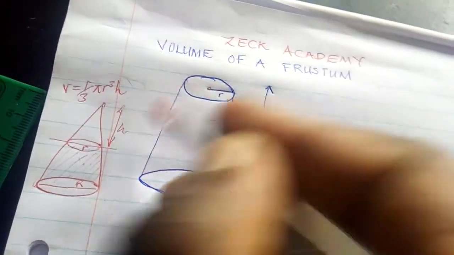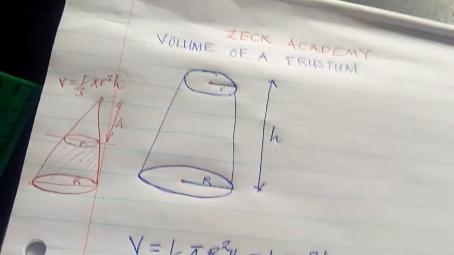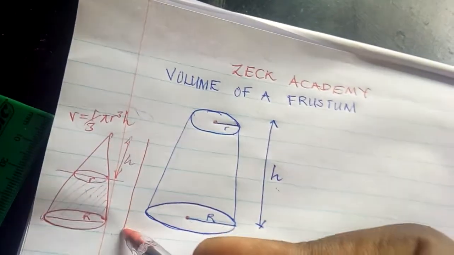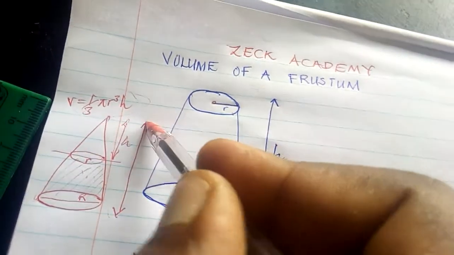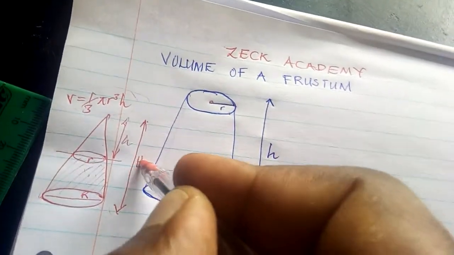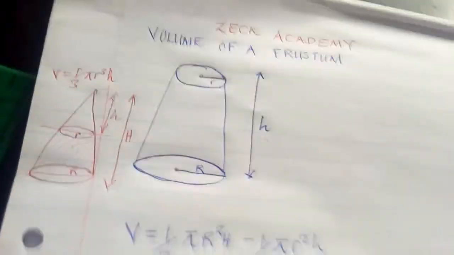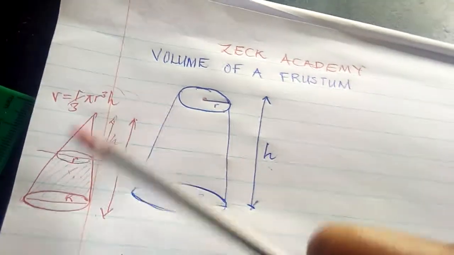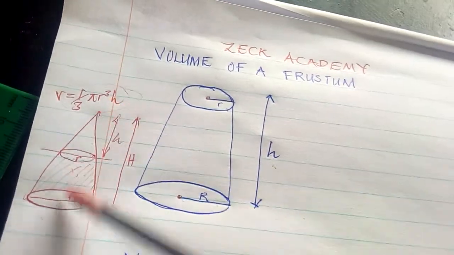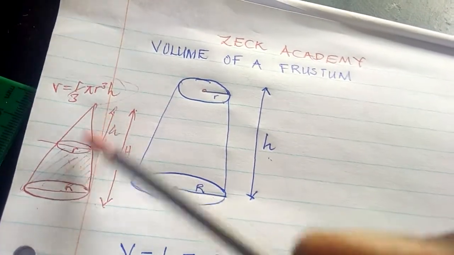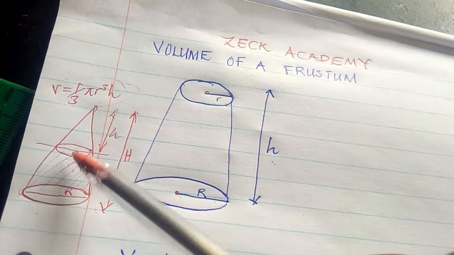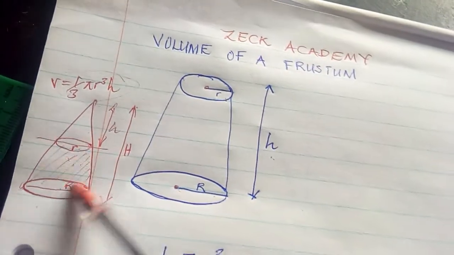The height of the whole cone, from the bottom to the apex, is H. So we first find the volume of the whole cone, then the volume of the smaller cone. The difference between the two volumes is the volume of the frustum.